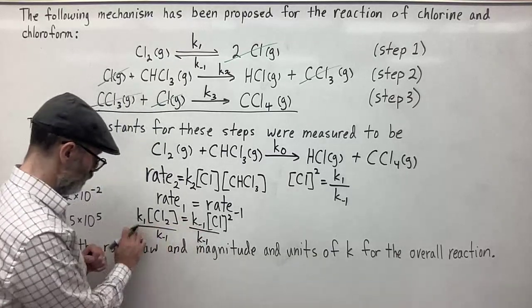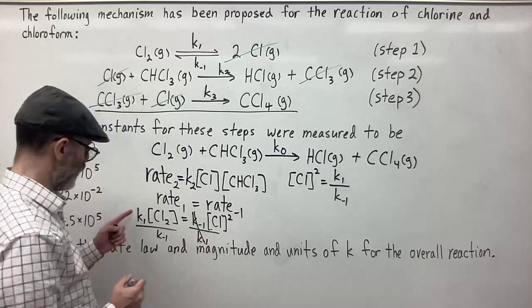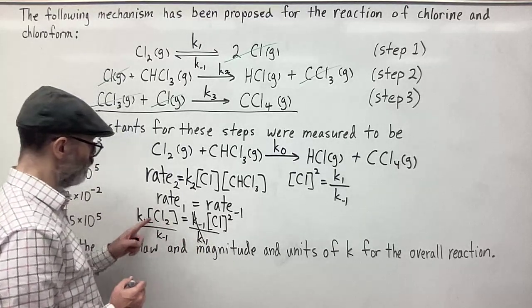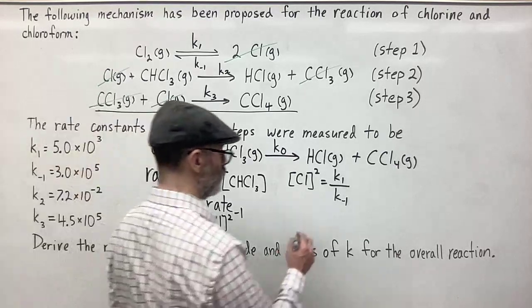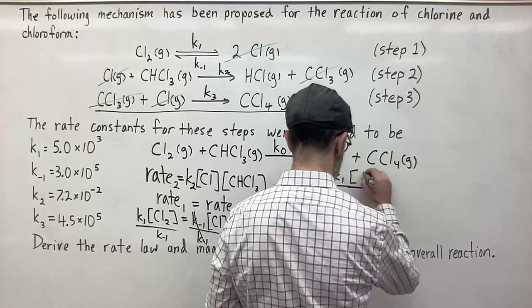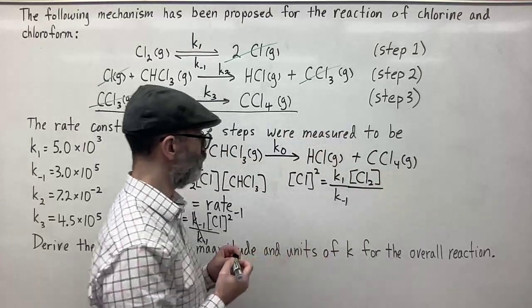So these are going to cancel out. So I got K1 over K minus 1 times the concentration of Cl2.